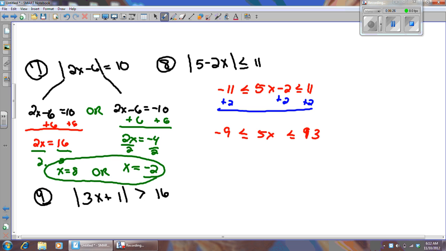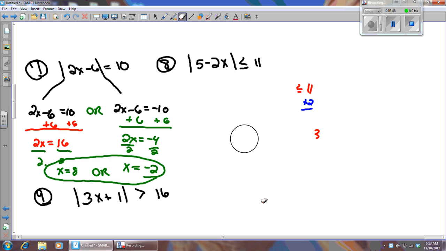Okay, that's a 13 there. All right, and then I divide by 5 in 3 places. And that gives me negative 1 and 4/5, which is less than or equal to, oh my goodness, did you see that mistake? Wow.